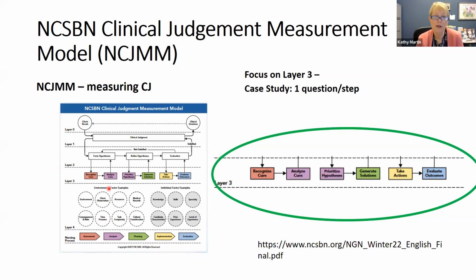And then really honing in on layer 3 of the clinical judgment model and the 6-step process that a nurse goes through to make clinical decisions. So this is the area of my focus today and the focus with our students who will be taking this test.